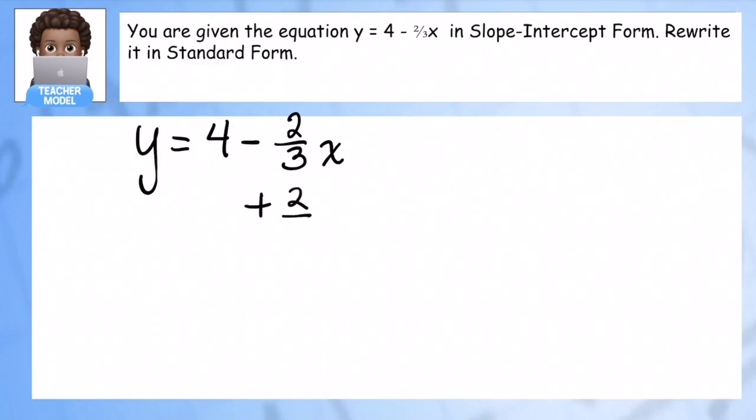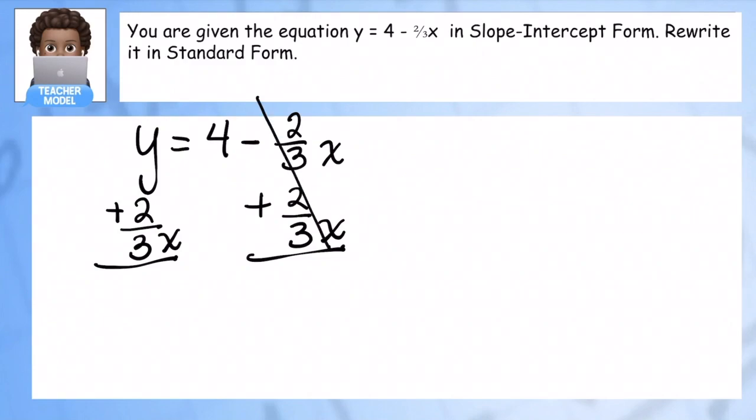I'm going to create a zero pair and keep balance by doing the same operation to both expressions. So in this case, I now have 2/3 x plus y is equal to 4. And that works.